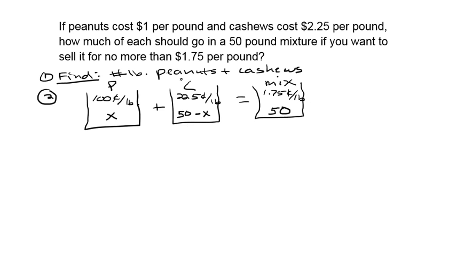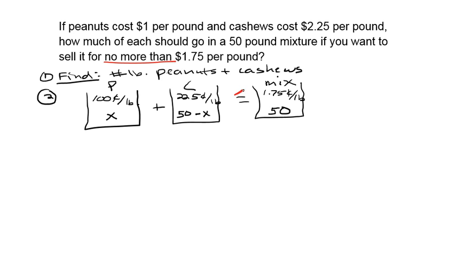Alright, so I need to look at this word right here before I go any further, because it says I want it to be no more than $1.75 per pound. So that means when I add the value of the peanuts and the value of the cashews, I want it to be no more than $1.75 per pound.